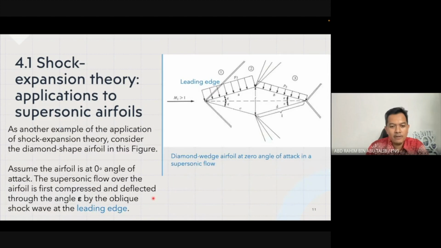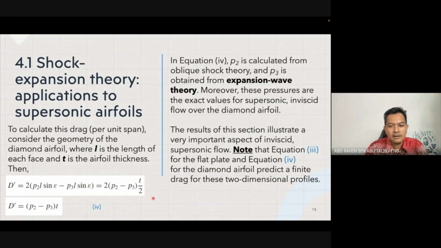However, for the diamond wedge airfoil, there is no component of the angle of attack alpha because the angle of attack is 0, so we have to use the thickness of the diamond wedge airfoil. That is for two-dimensional profiles.